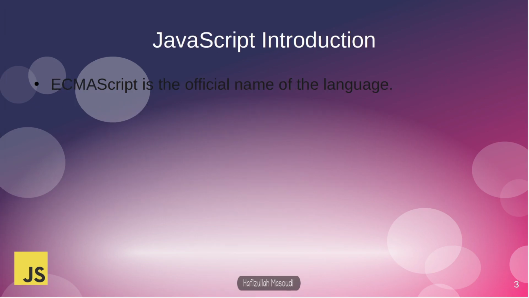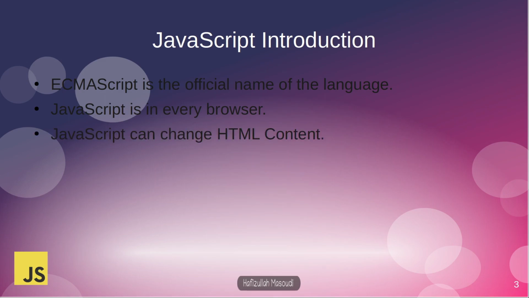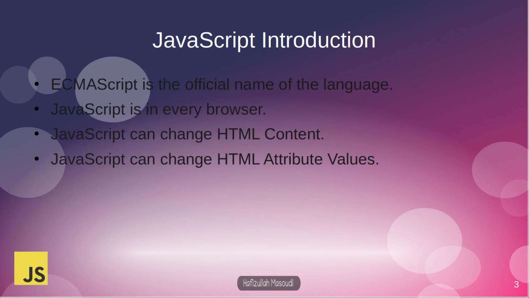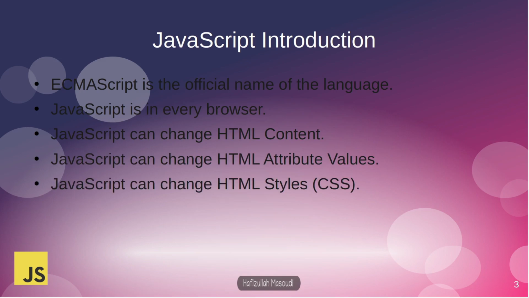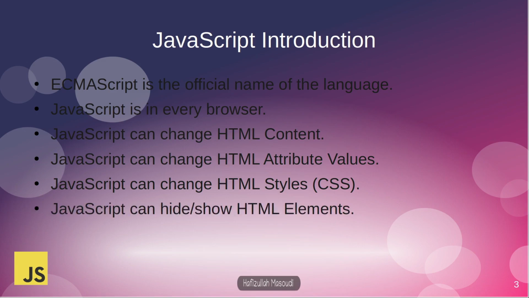So now let's discuss what is JavaScript. The official name for the language is ECMAScript, and JavaScript is in every browser, so you can find JavaScript in your personal computer browser too. And JavaScript can change HTML content, it can change HTML attribute values, and it can change HTML styles, so CSS, and it can hide and show HTML elements.